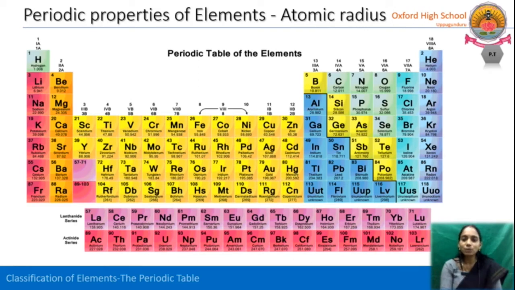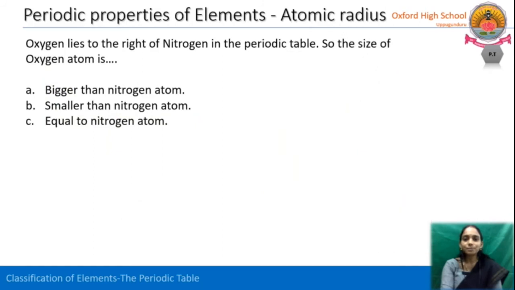So if we compare nitrogen and oxygen, from left to right the atomic radius decreases. So oxygen is smaller than nitrogen. The answer is the oxygen atom is smaller than the nitrogen atom.